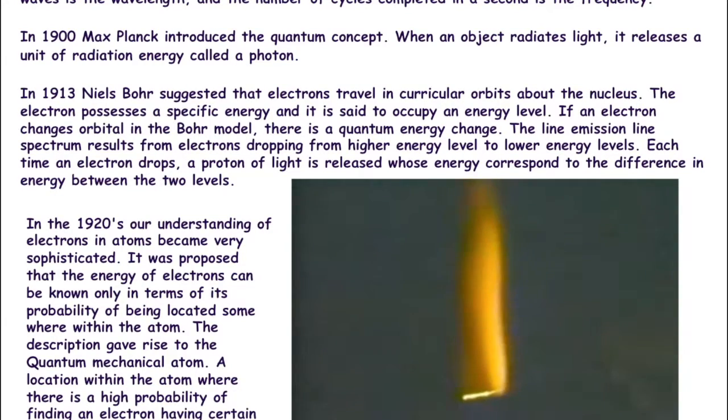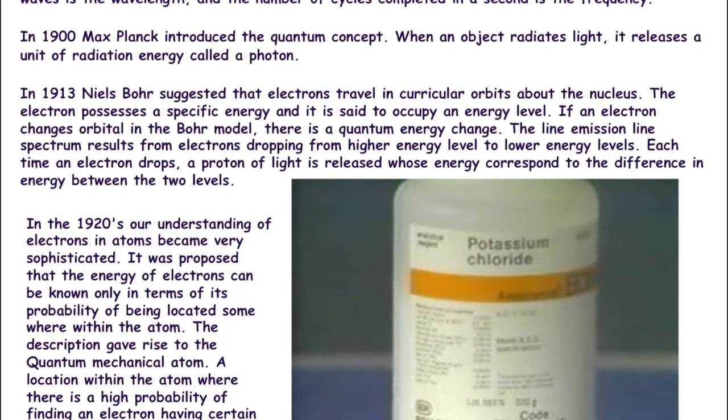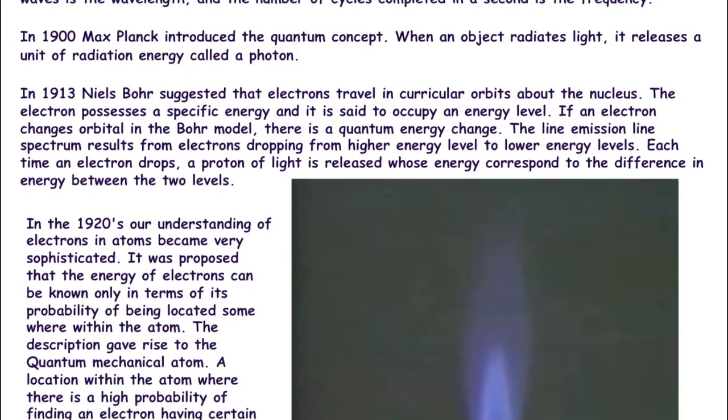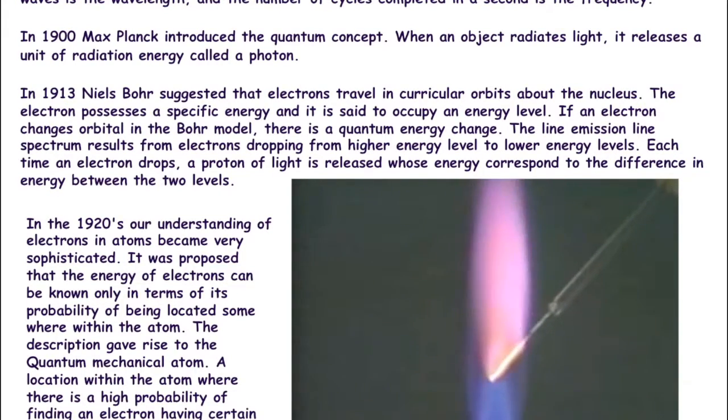These colors can be used to qualitatively identify the presence of the metals. A yellow flame always indicates the presence of sodium. Finally, potassium chloride. Potassium chloride on platinum wire is placed in the flame, and it gives the characteristic lilac color.